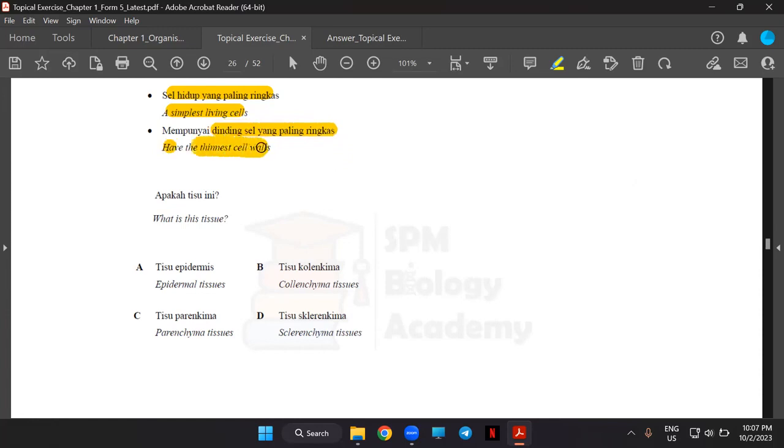Have the thinnest cell wall. That is the keyword. Kalau dinding sel dia nipis, merujuk kepada tisu parenchyma. Jawapannya ialah C. Because thinner cell wall, dinding sel yang paling nipis. Alright.